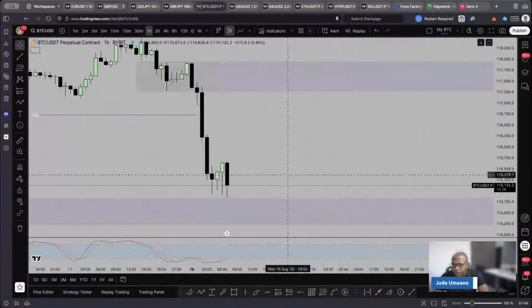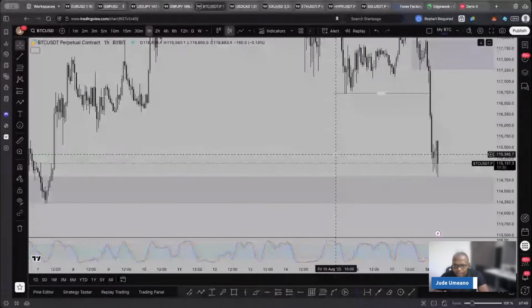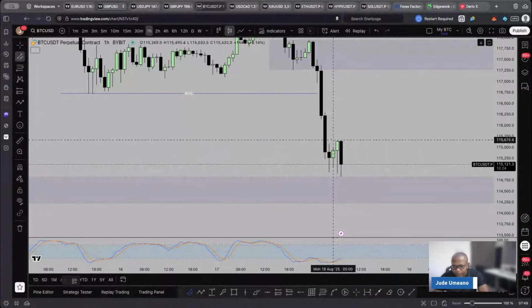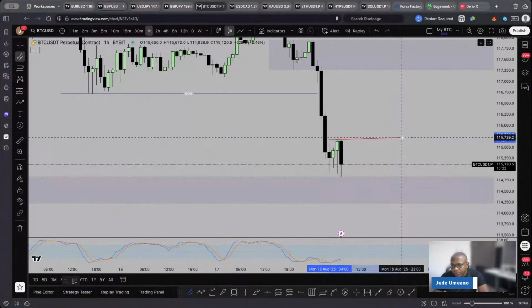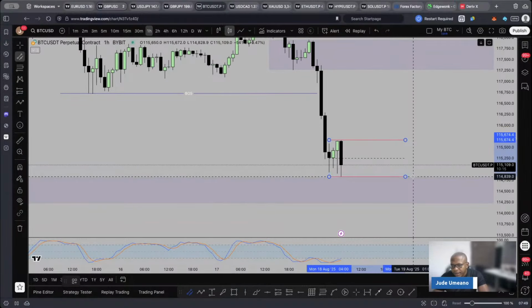Then on this time frame, I want to consider this zone here. I'm having this zone as the high and the low.